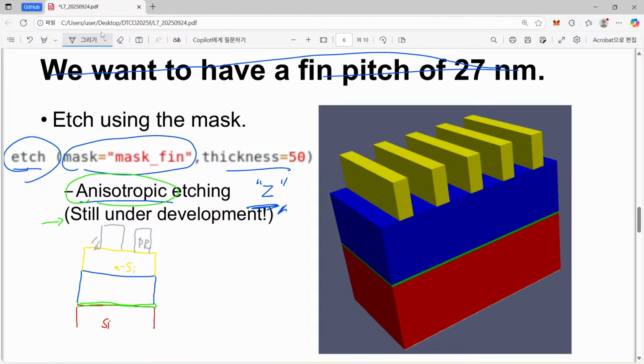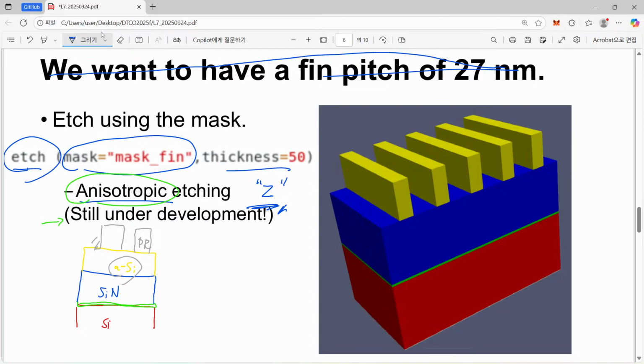For amorphous silicon, we need an etchant which can selectively etch only amorphous silicon and not touch the underlying silicon nitride. A certain etchant can etch amorphous silicon quite well.